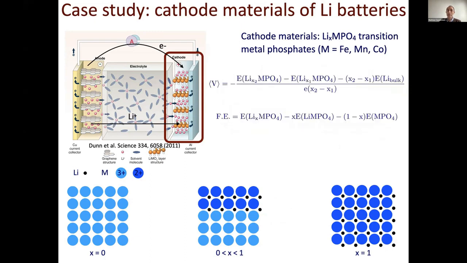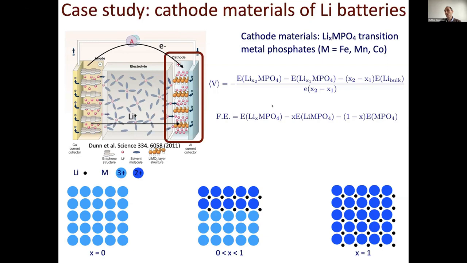Okay, so let's speak about average voltages and formation energy of intermediate phases. The average voltage depends on the total energy difference between the delithiated state and the fully lithiated one, while the formation energy compares the energy of anything that we can imagine at intermediate lithium concentration to the corresponding linear combination of the energy of the other two phases, the delithiated one and the fully lithiated one.